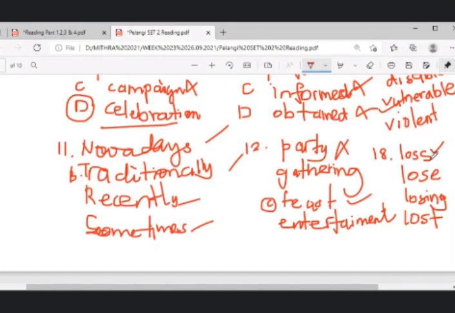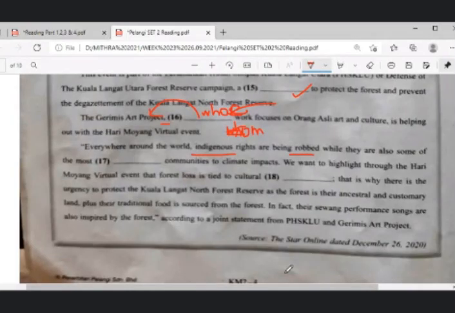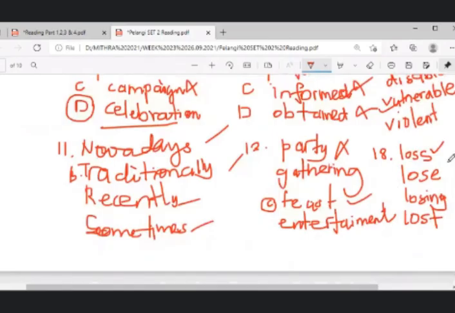This is loss, kehilangan. So what do you think the answer for question number 18? We want to highlight through the Hari Moyang virtual event that forest loss is tied to cultural loss, cultural lose, cultural losing, and cultural lost.